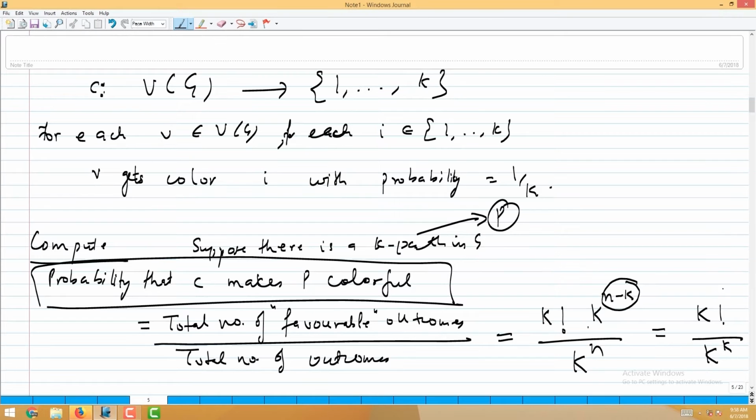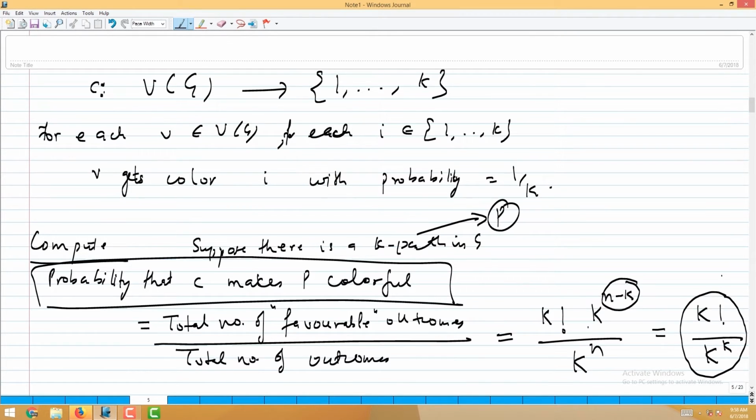Now, does anyone know a way to write this expression more neatly? Basically, does anyone know an upper bound for K factorial?